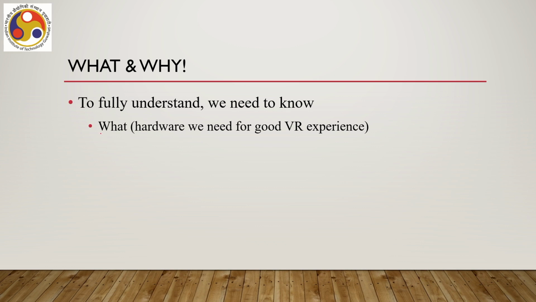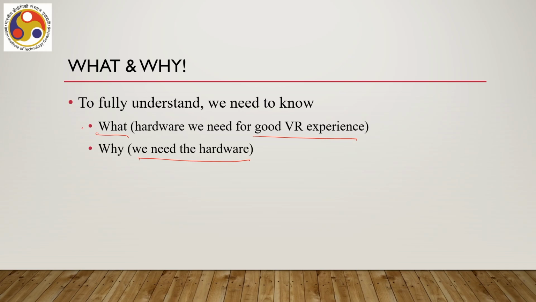Now, in order to fully understand how to optimize that resource, that is the hardware at the client end, we need to know what hardware we need for a good VR experience and why we need the hardware.